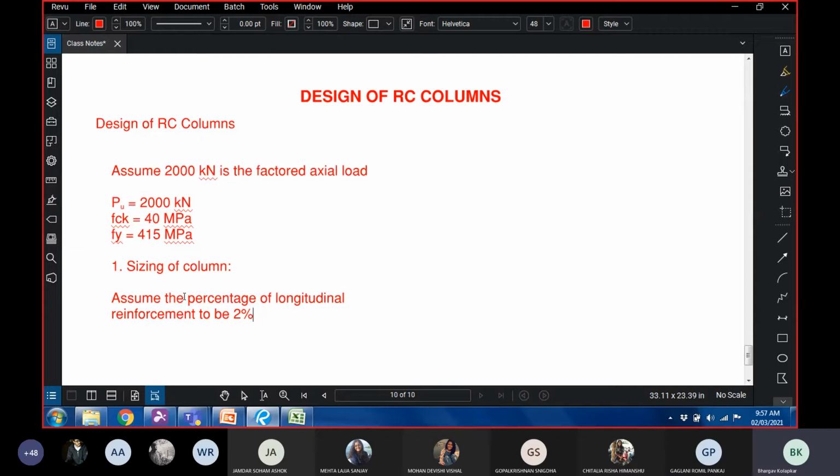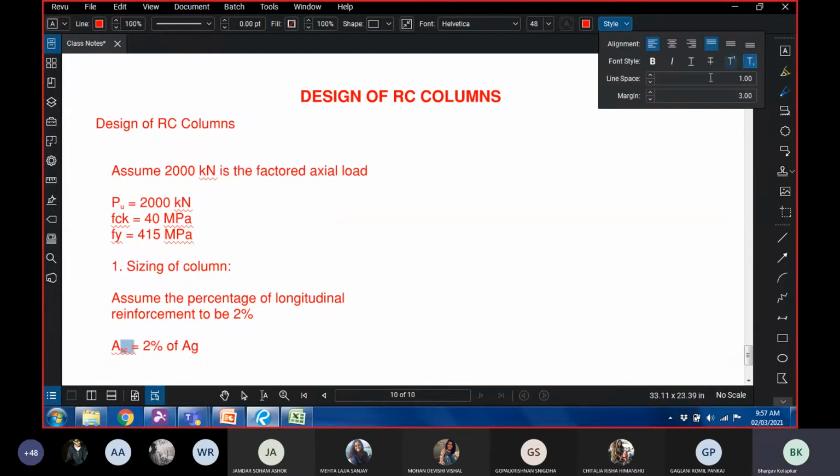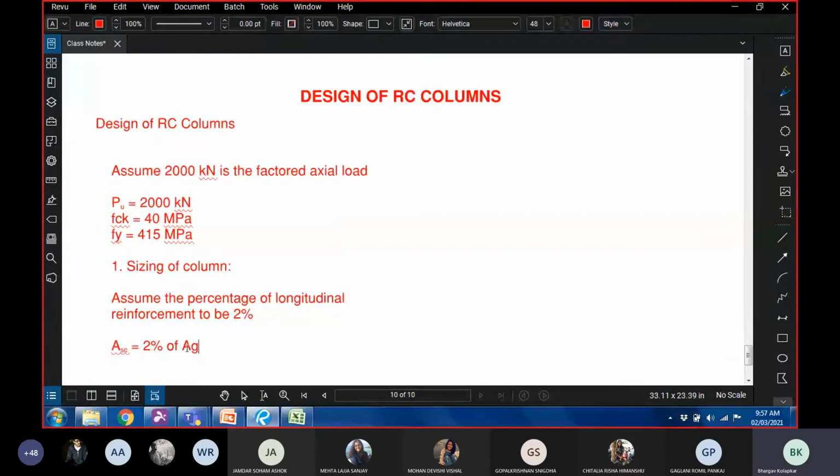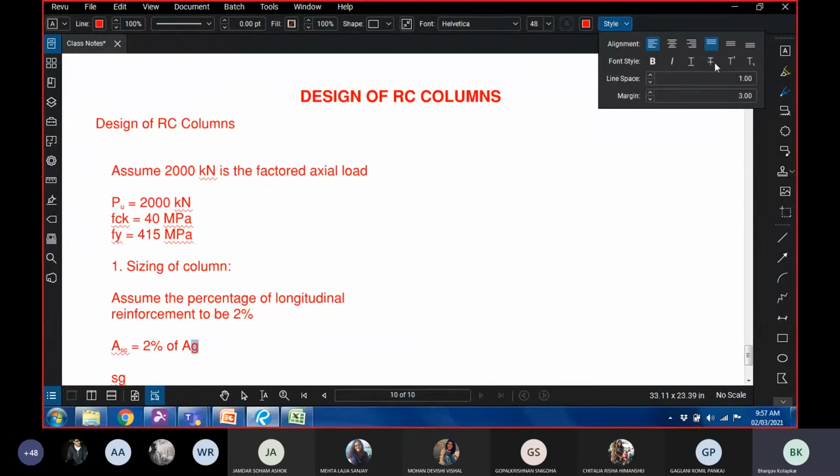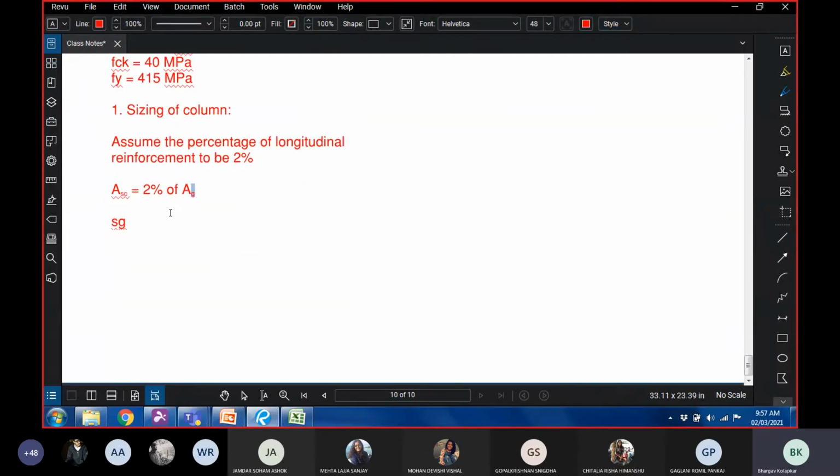So we are assuming the percentage of longitudinal reinforcement to be 2%. What this means is Asc is 2% of Ag. Again, please note that this is a suffix; it is for the ease of writing that I'm just writing it normally.